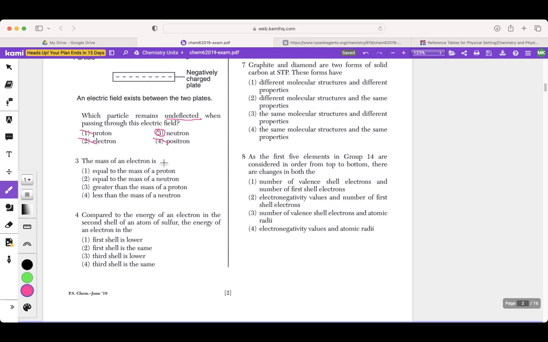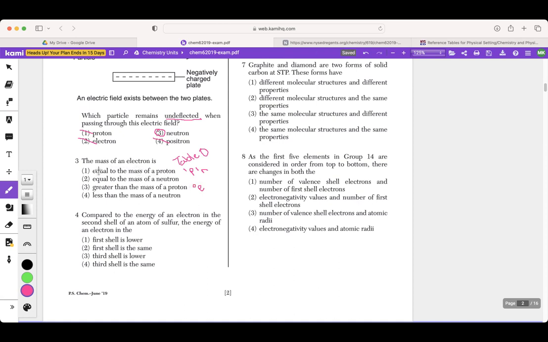Question 3, we see a question like this about the mass of subatomic particles very frequently. It says the mass of an electron is blank. So when in doubt, check out Table O, because they're going to tell you the masses of the different subatomic particles. And if you look, protons have a mass of 1, neutrons have a mass of 1, and electrons have a mass of 0.